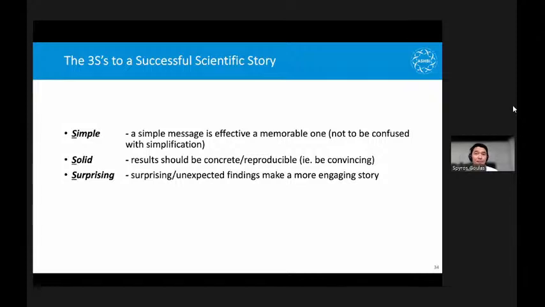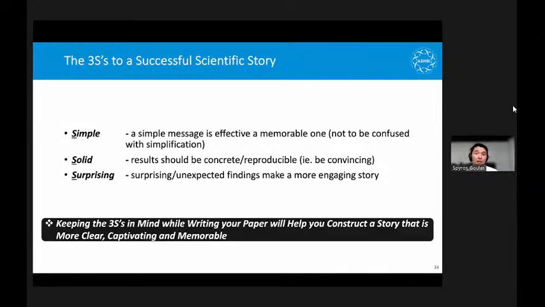And surprising, because you should never underestimate the impact surprising or unexpected results have on a reader and how this helps them become more interested in the story. Therefore, keeping in mind the 3 S's when you write your paper next time will help you write your story in a clearer, more captivating as well as memorable way.